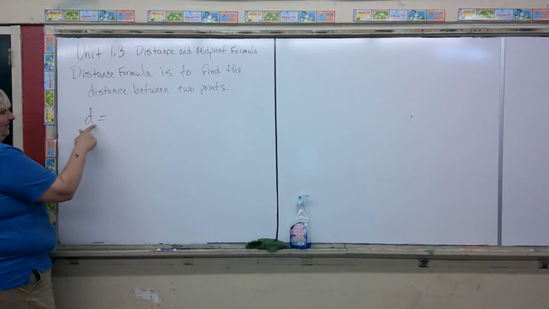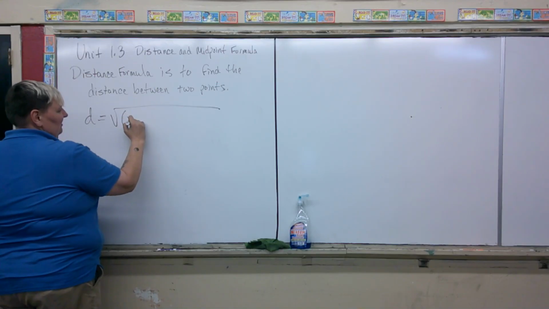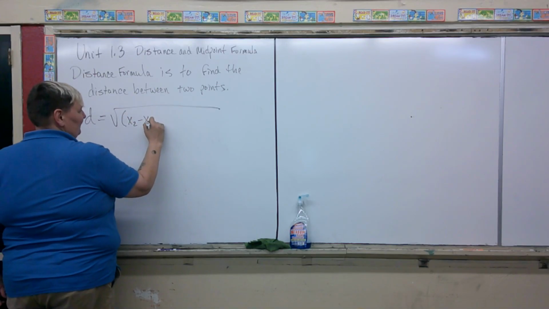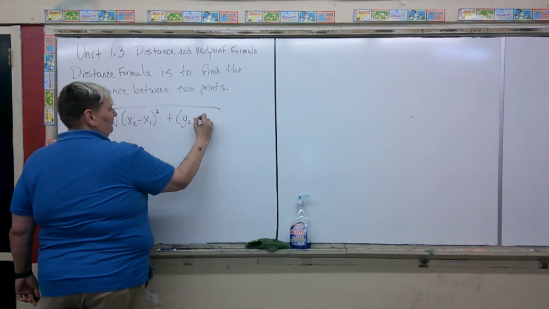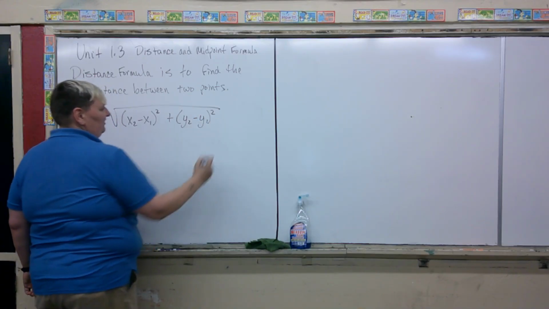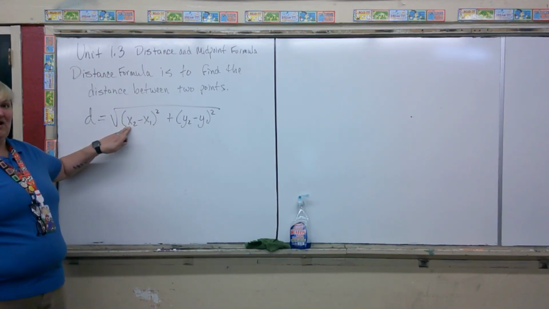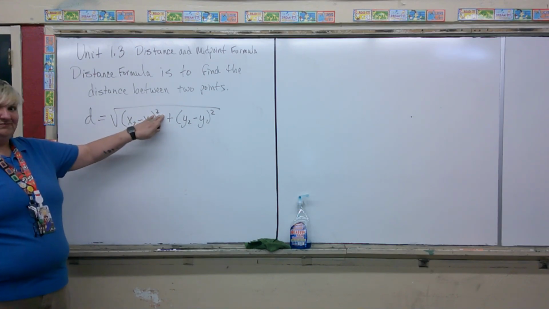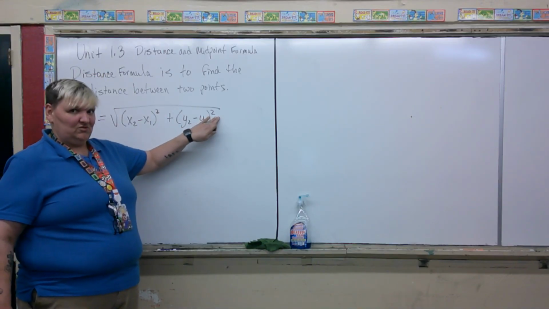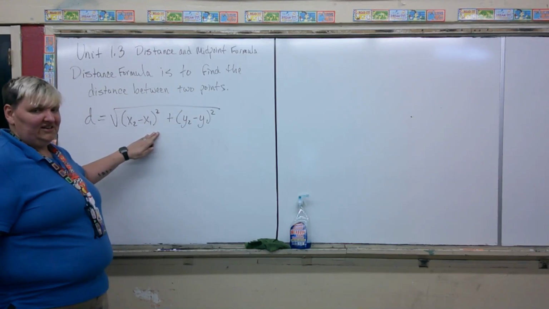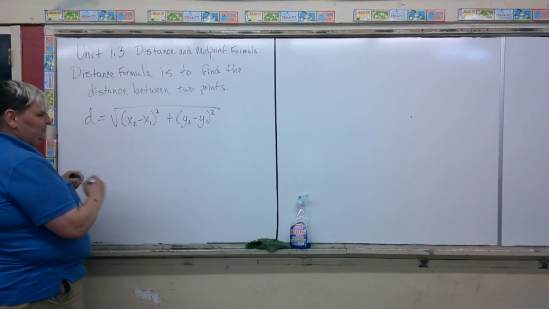Distance, d, equals the square root, parentheses, of the second x minus the first x squared plus the second y minus the first y squared. Why? Because we're looking for the distance between the two x values, and then we're going to square it, and then we're going to add it to the distance between the y values, which is squared, and that's going to give us the distance between the 2 points. I will give you some examples.